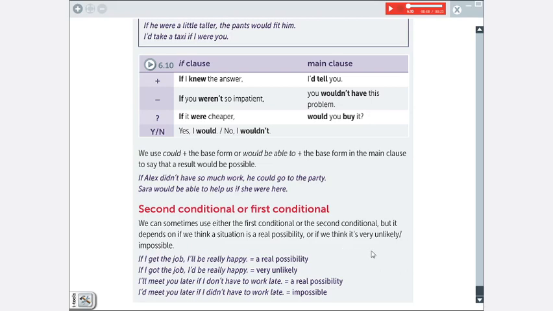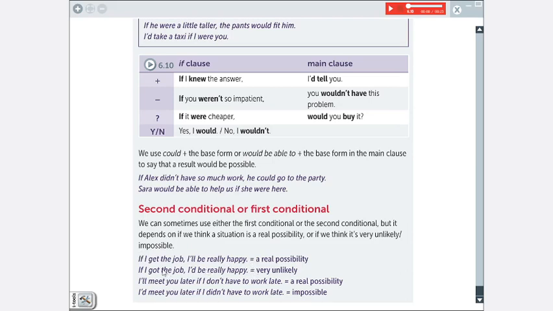So basically, the book tried to tell us that if we use the first conditional and the second conditional, the only difference is whether the possibility is real or very unlikely. I would prefer to say that in the first conditional we talk about situations that are real, because if something happens, the other thing will happen.